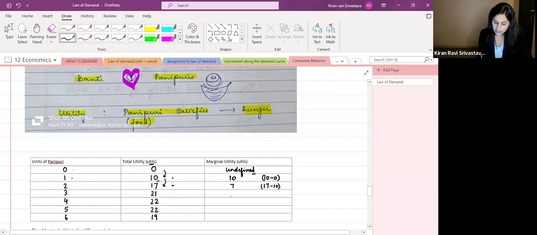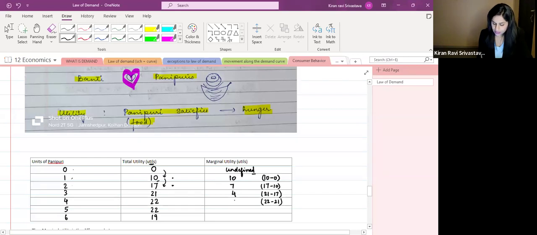Then for the third one, similarly, it will be 21 minus 17, which is 4. Then when he consumes the fourth pani puri, from 21 it just moves to 22, so it's 22 minus 21.